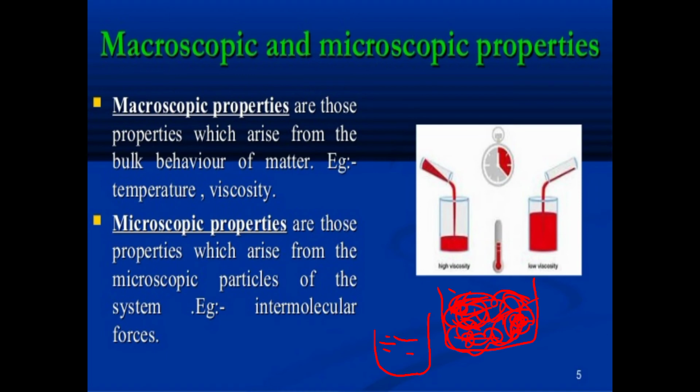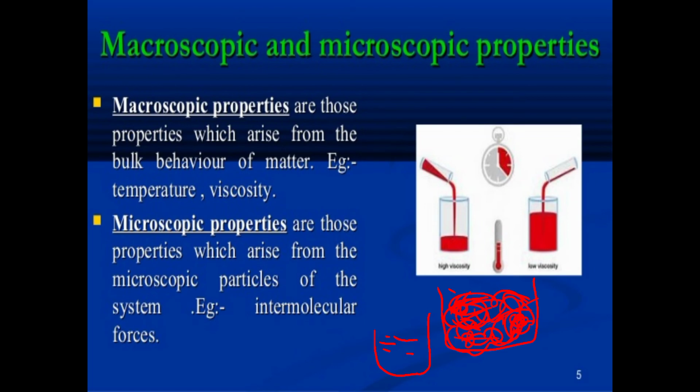It is the force between atoms, ions or molecules in the system. So the intermolecular force depends upon each and every particle in the system. Such types of properties are known as microscopic properties.